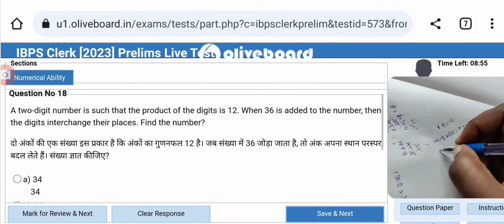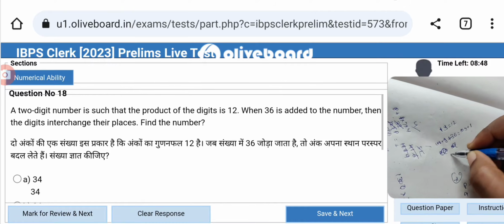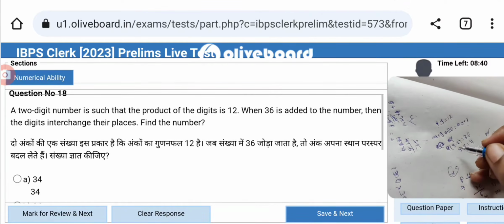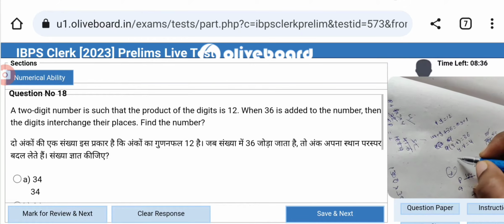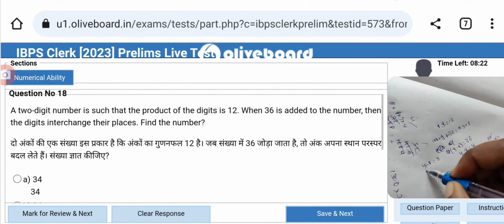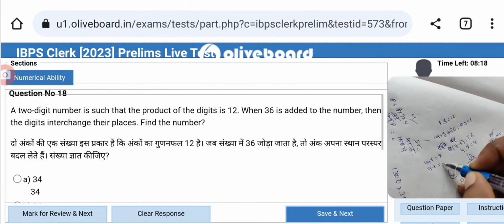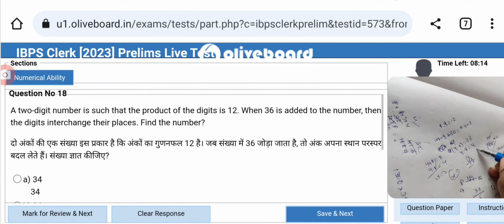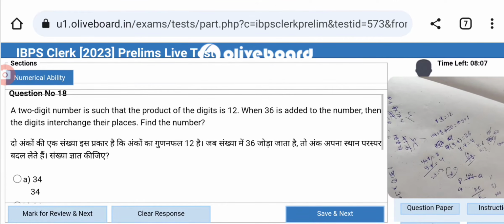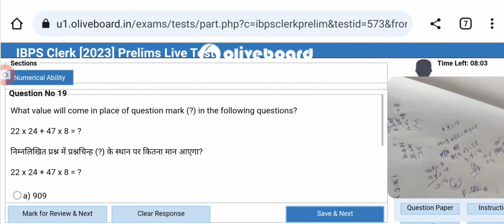So here 10 into x, so 10 into 9 into y minus x is 36, y minus x is 4, and whole square 16, and 48. 64, y minus x is 8, y plus x is 8, y minus x is 4, 2y is 12, y equal to 6, x equal to 2. Then find the number, that is 26.